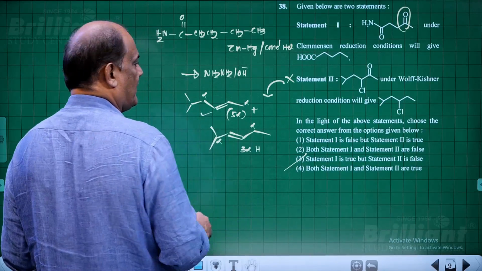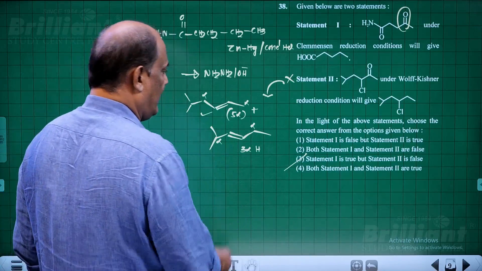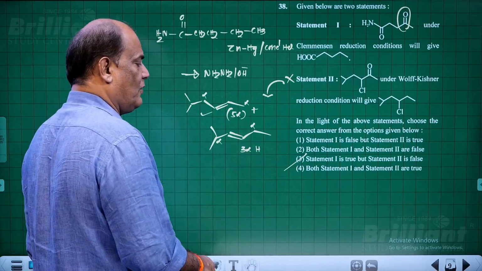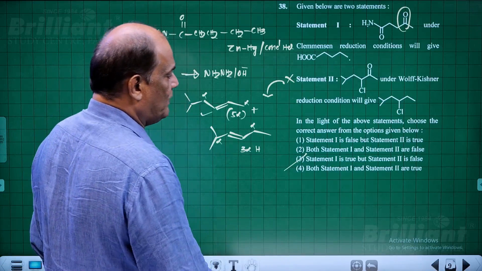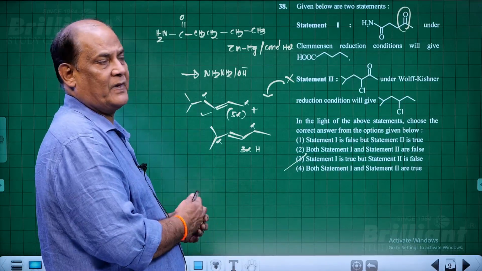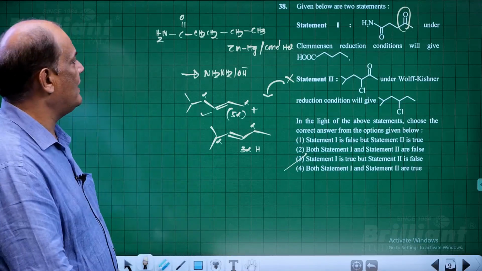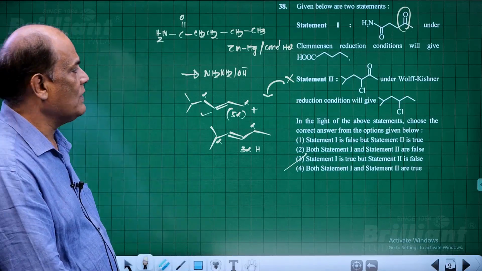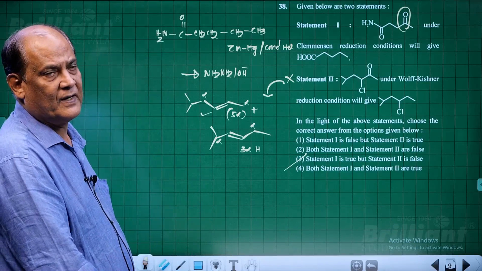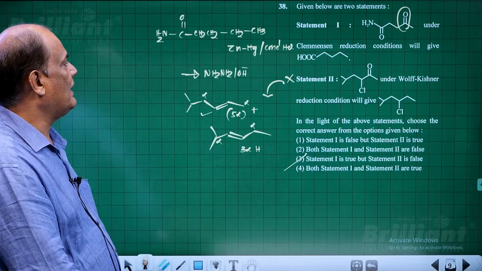So this is the more dominant. That's why, but anyhow, it undergoes dehydrohalogenation. Statement 1 is true, but statement 2 is false. Clemmensen reduction is zinc amalgam with concentrated HCl. That CONH2 is also going to be hydrolyzed, giving carboxylic acid.